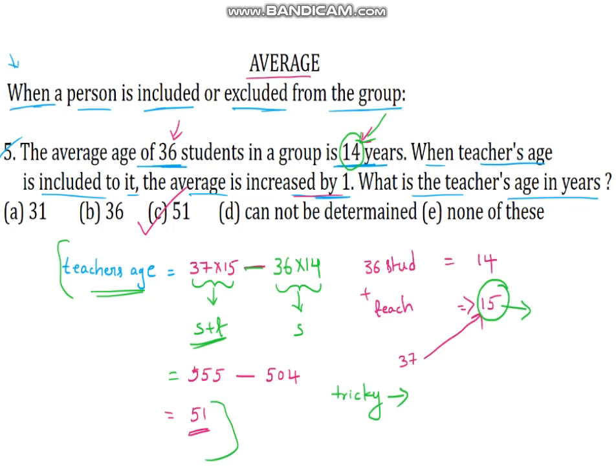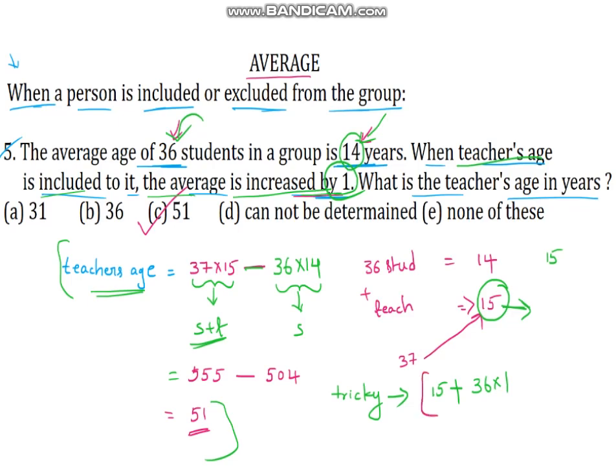So 15 plus, when the teacher's age is included, the average is increased by 1. So from the teacher's age, she distributes 1 year to each of the 36 students. So that is 36 into 1.